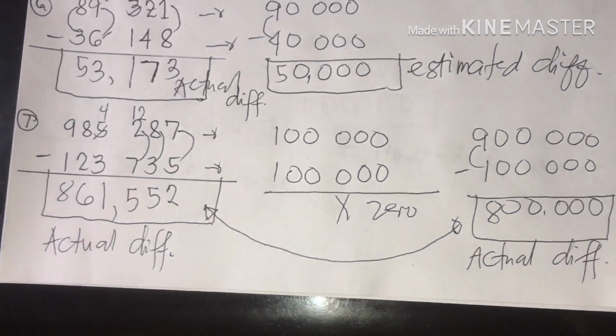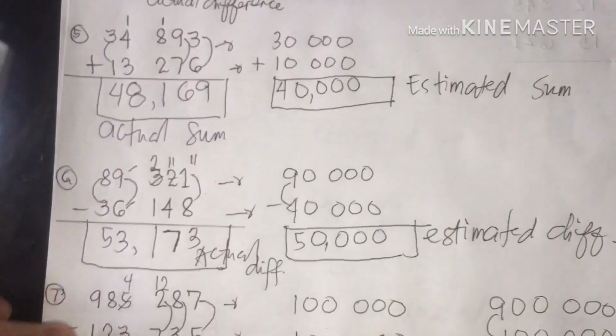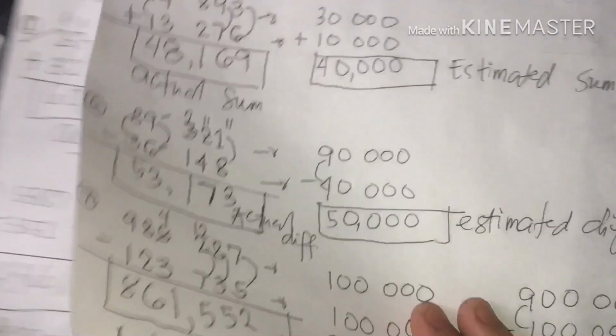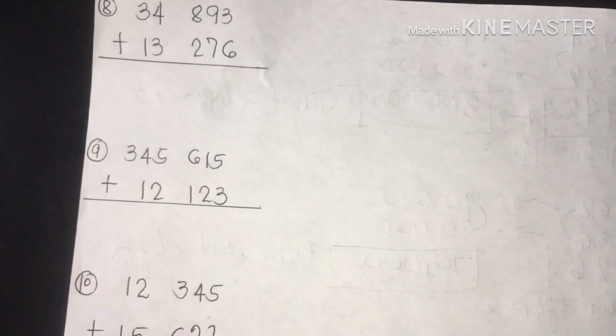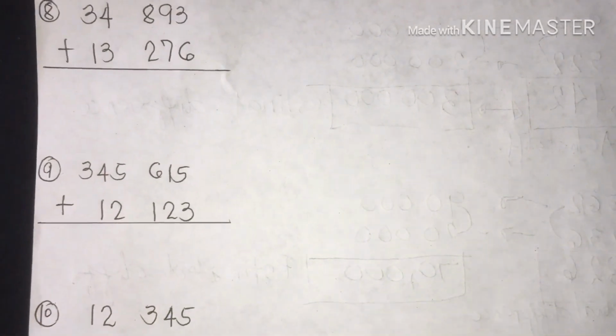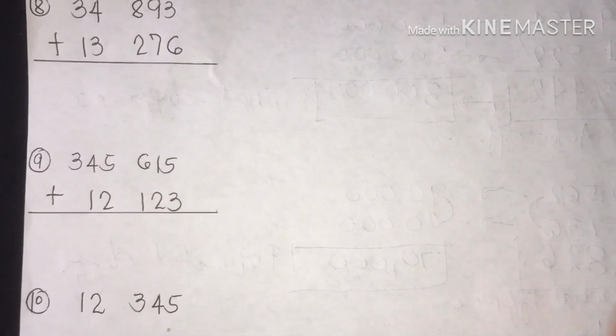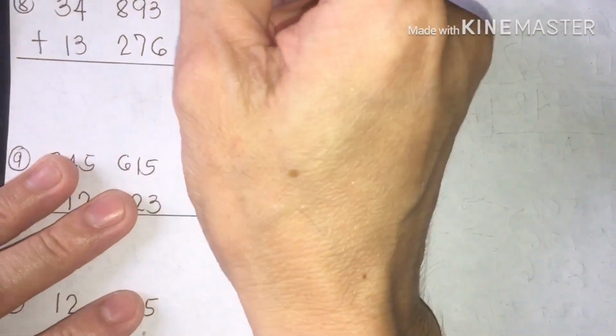This is correct, right? I hope I can give you another techniques. That's quite exciting, all right? Okay, so we're going to proceed to number 8 class. No need to worry about that. So that is my techniques or tricks in solving estimating differences and sum.